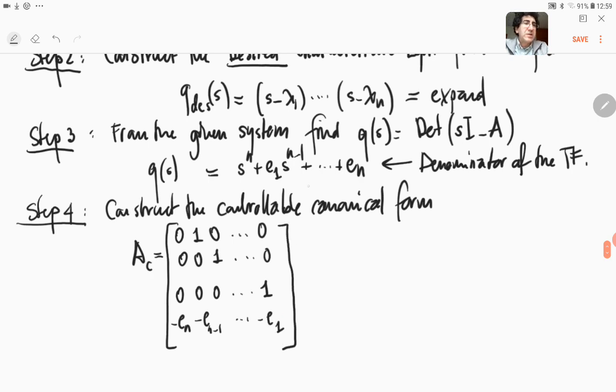Remember that the A matrix is constructed from the denominator of the transfer function. And the BC matrix has its own specific form. It doesn't use any coefficients.